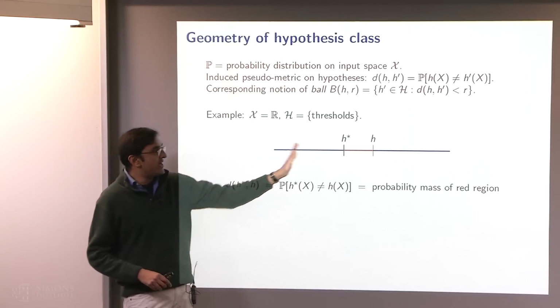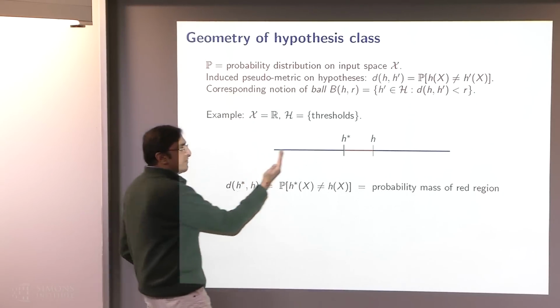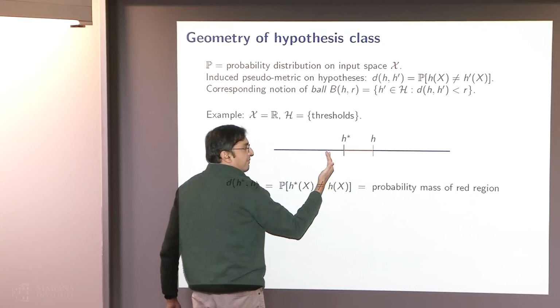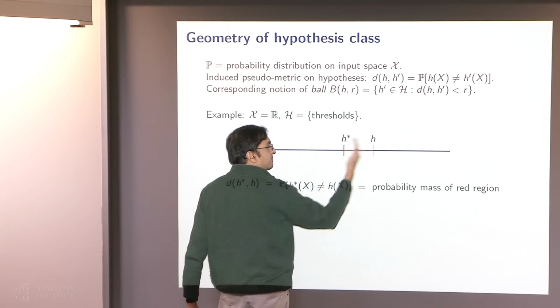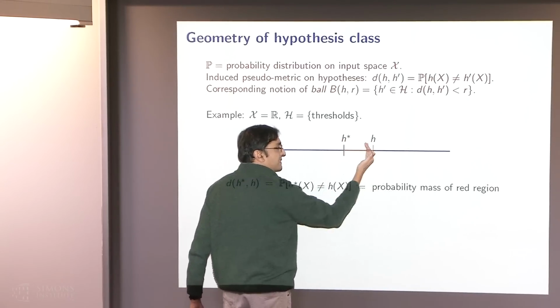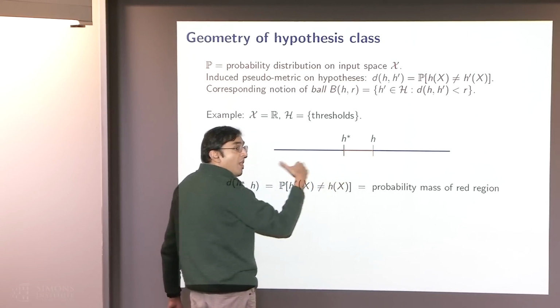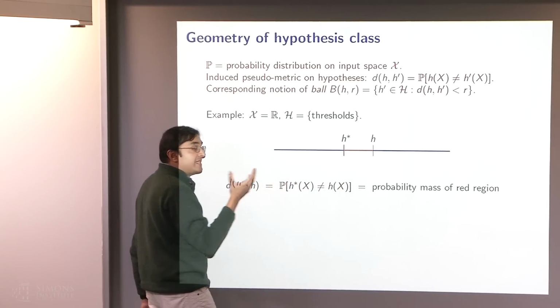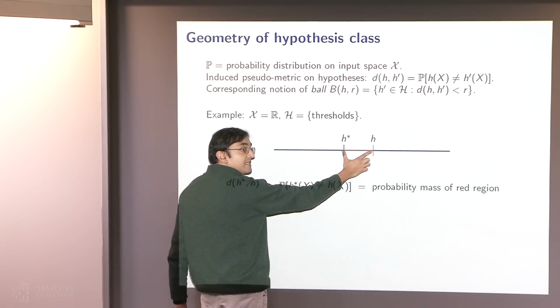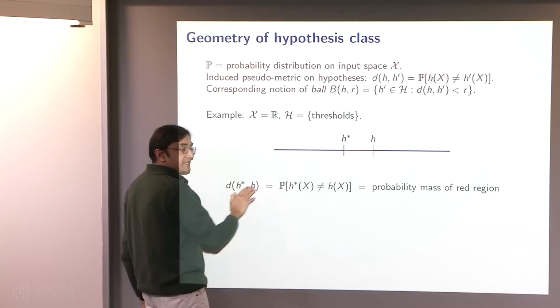Let's say we just have thresholds along the line. These are two classifiers: everything to the right is plus, everything to the left is minus. This is another classifier. The distance between them is the chance that they disagree, so it's the probability mass of this interval.